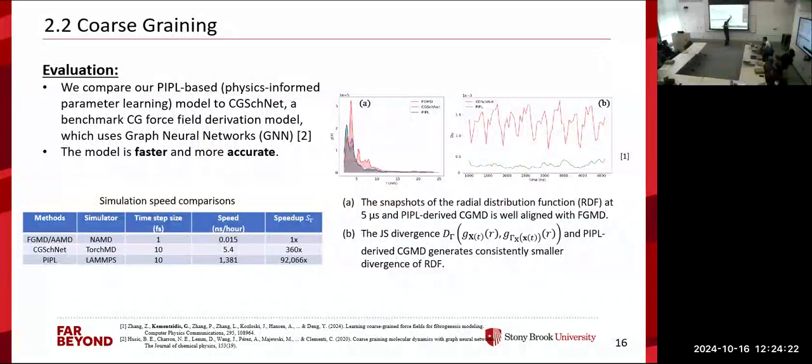And if we want to quantify this, this is only for one snapshot. I think this is at 5 microseconds. If we want to see this across multiple time steps, we see that the JS divergence, some sort of statistical distance between our radial distribution function and the all atom radial distribution function, is much lower than the one with CGSNet.